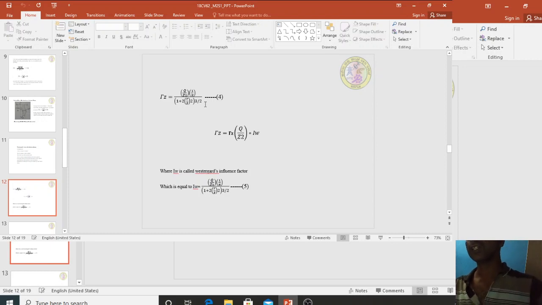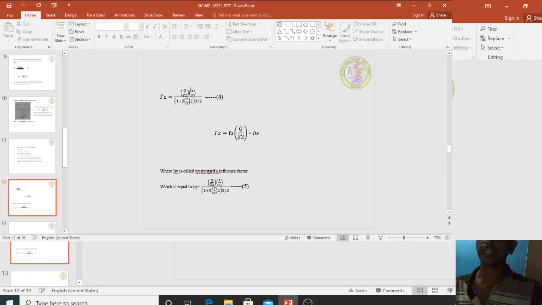What is the difference between the Boussinesq and Westergaard equations? In the Boussinesq equation, it is Q by z square into 3 by 2 pi, whereas Westergaard is 1 by pi. That entire thing divided by 1 plus r by z whole square, whole to the power 5 by 2 is your Boussinesq equation. Westergaard is 1 plus 2 into r by z whole square, whole to the power 3 by 2.